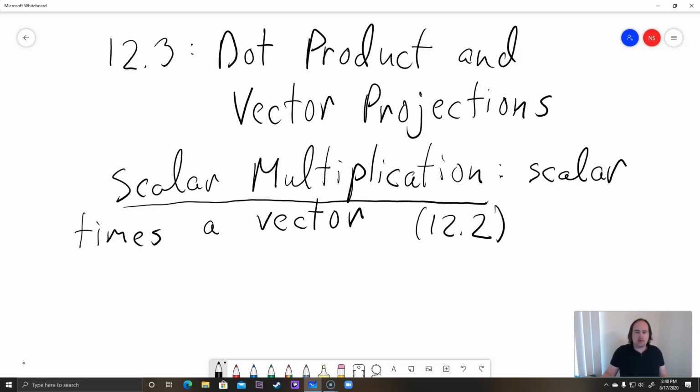That's scalar multiplication. So for example, if you have 2 times vector v, that's considered scalar multiplication because 2 is a scalar. It's a real number. It's not actually a vector.